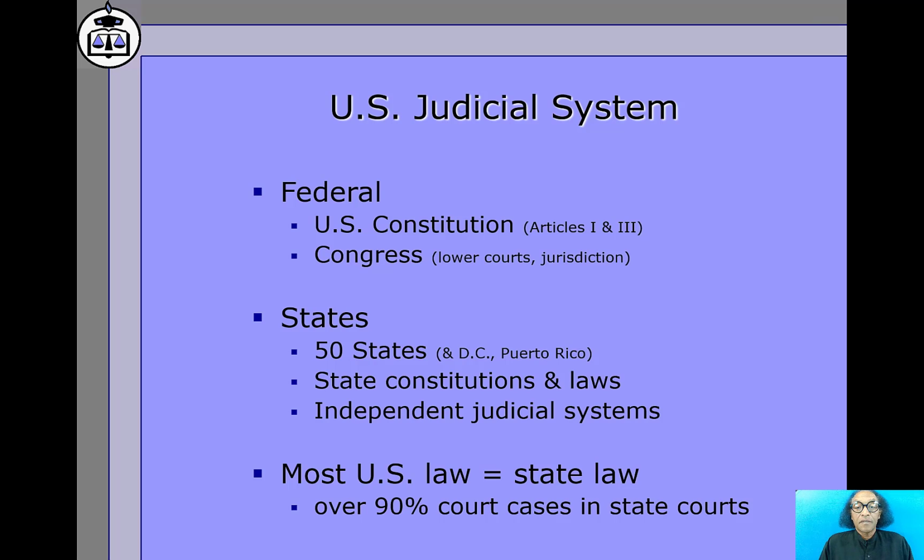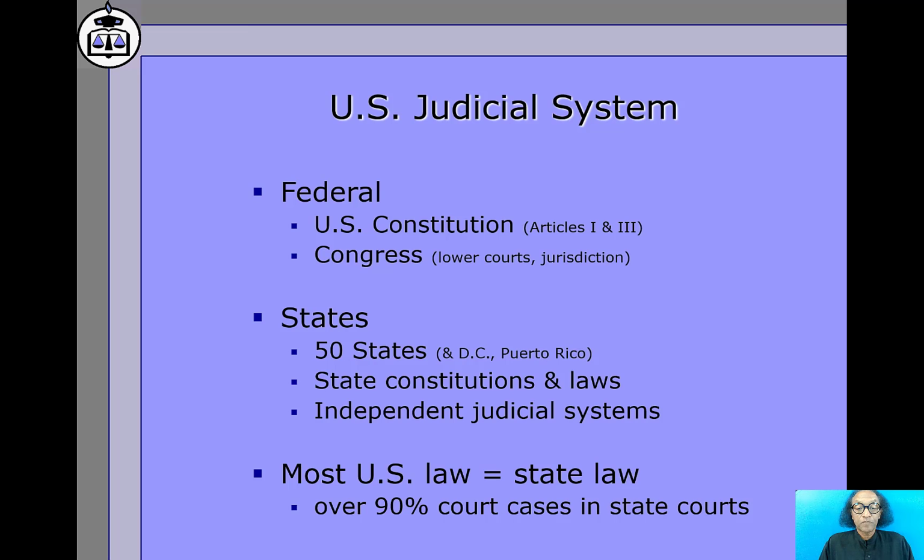Now, the United States judicial system can be conceived of at the federal and state level. We have at the federal level the Article 3 courts, created in the U.S. Constitution, and then the other courts created by Congress, and of course the 50 states have their own courts, and those state courts are governed by state constitution and state laws.